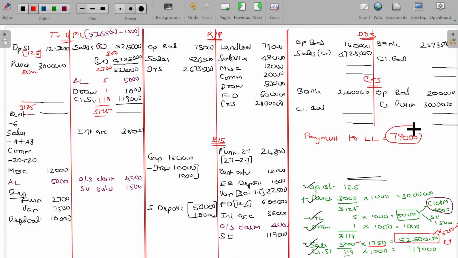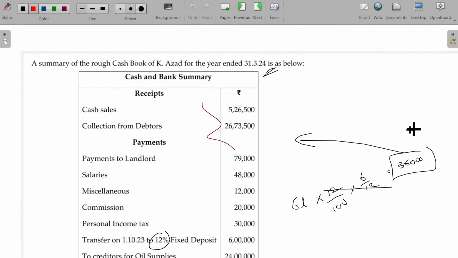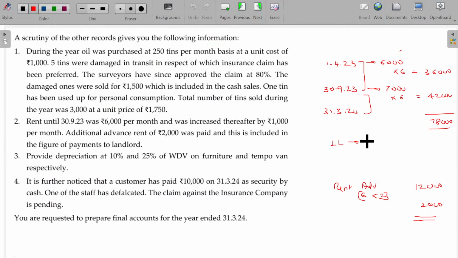This 79,000 includes this 2,000, and the balance 77,000 is nothing but what? Rent collected. Clear? Rent collected.